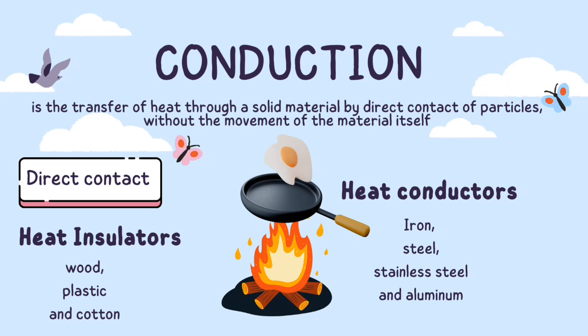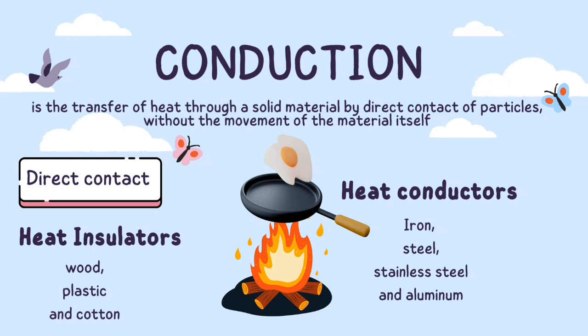When transferring heat to another object, it should be in direct contact. For example, a cooking pan over a burner. The heat energy of a burner is being conducted or transferred directly to the bottom of the pan. The food in the pan is being cooked.